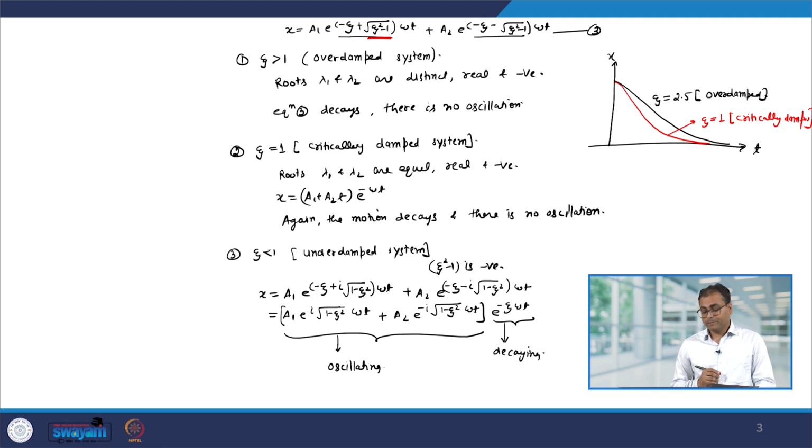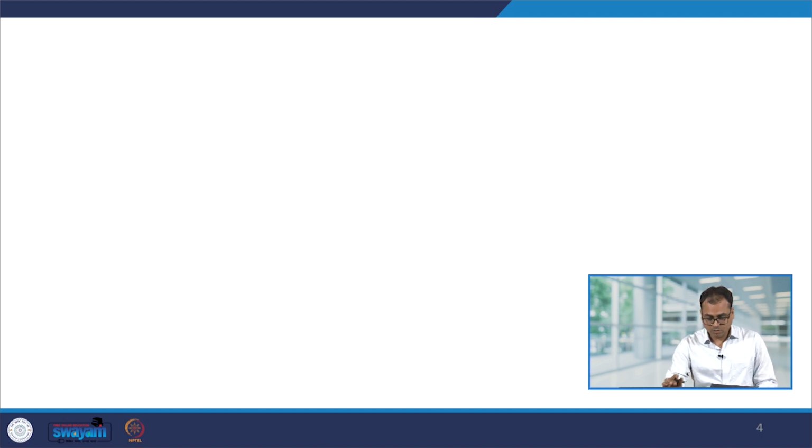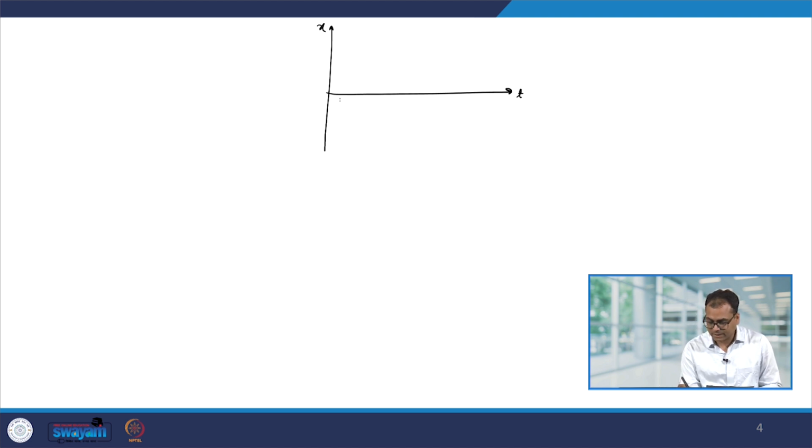Therefore, this time the x is going to decay exponentially and simultaneously it is going to oscillate. So, the solution will look like this. So, this is t axis, this one is x. Okay. It will oscillate and it will decay.